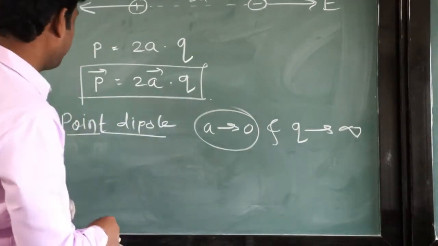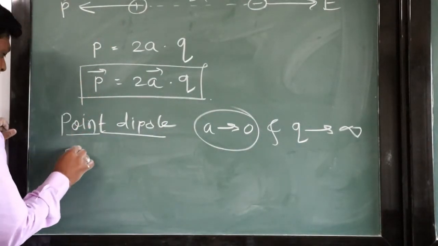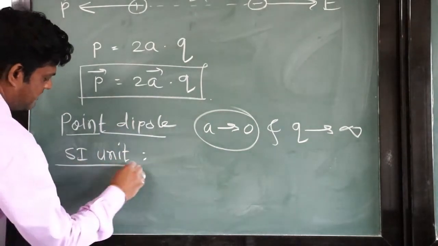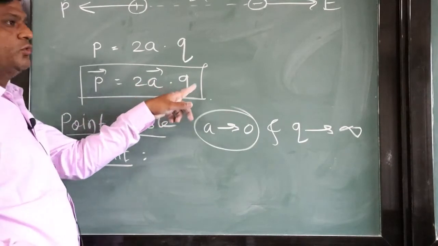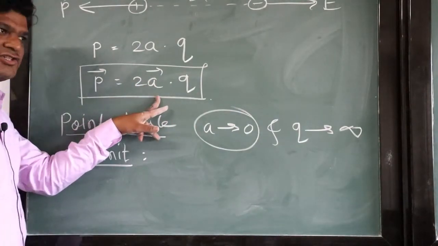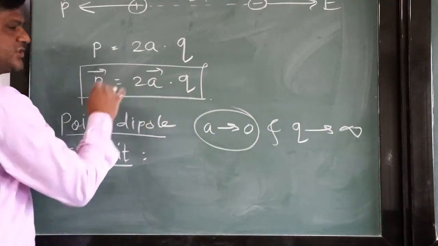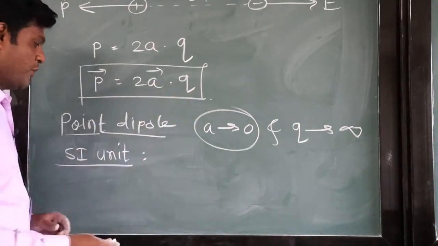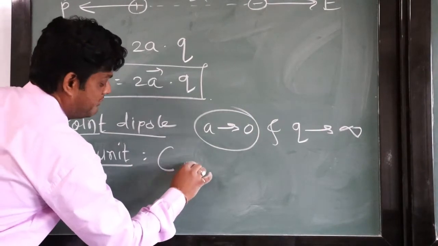Now we will see the SI unit of dipole. What is the formula? 2a into q. 2 is a constant, a is the distance, which we write in meters, and the SI unit of charge is coulomb.